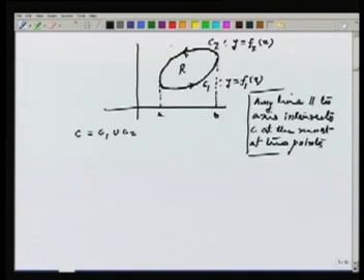For example, if I draw a line parallel to the y-axis, it intersects the curve twice, at this point and at this point. If I draw a line parallel to the x-axis, it intersects the curve at 2 points. So this curve satisfies my property.